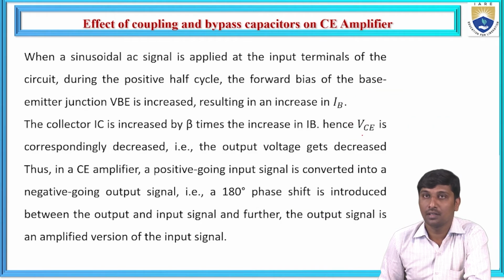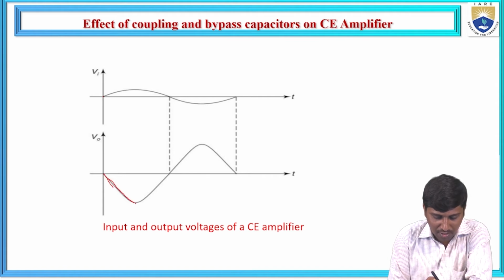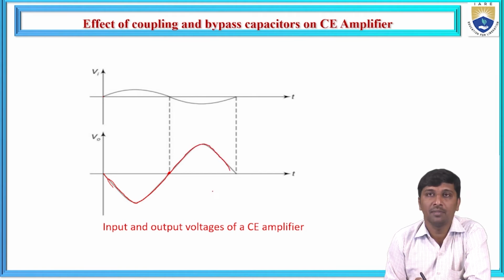So during the positive portion the output becomes a negative peak, and during the negative cycle the output reaches VCC. From this we can say that for this CE amplifier, the output has a 180 degree phase shift with respect to the given input signal.